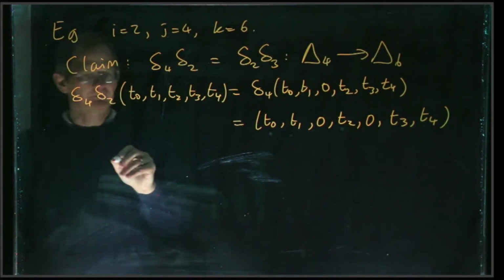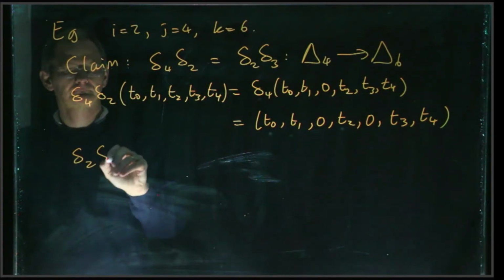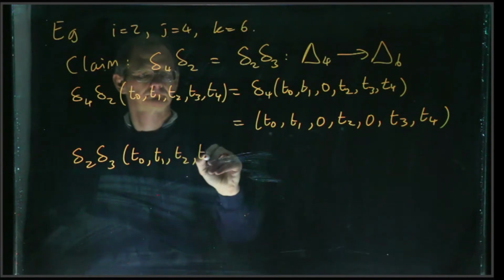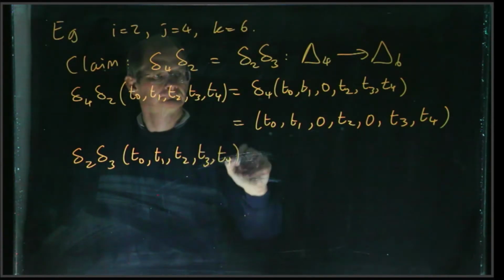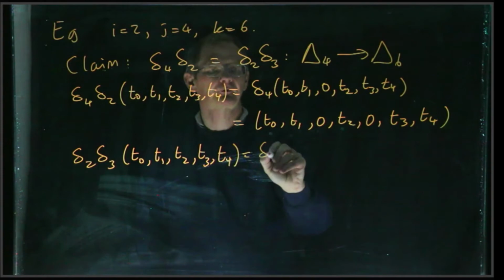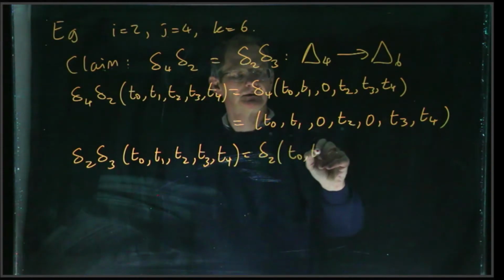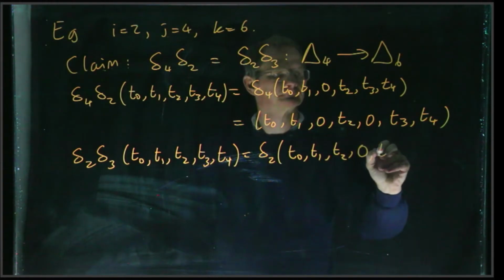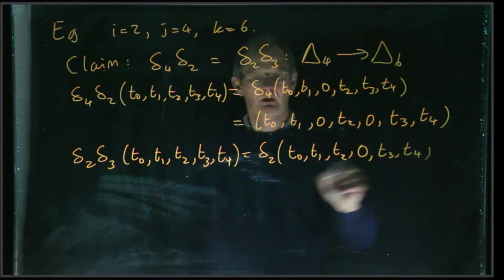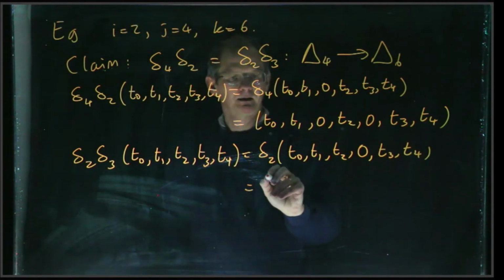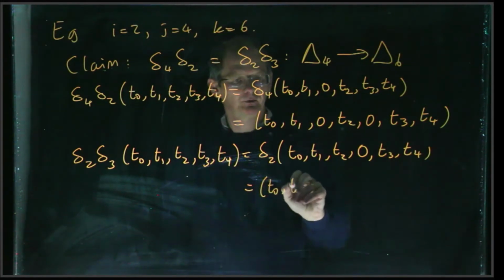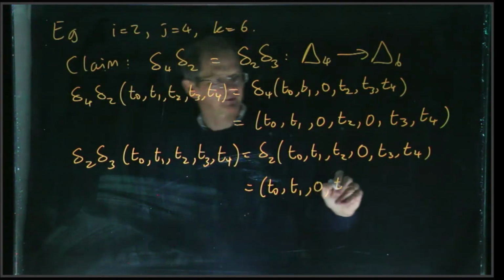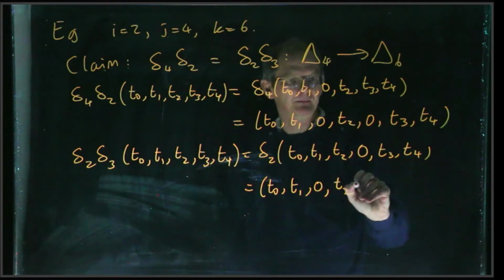Whereas if we do it the other way around, delta 2, delta 3, that's delta 2 of t0, t1, t2. Now then in slot 3, we put in a 0. And so then here we do t0, t1, then we put in a 0, and then we have the t2, and then everything that we had previously.